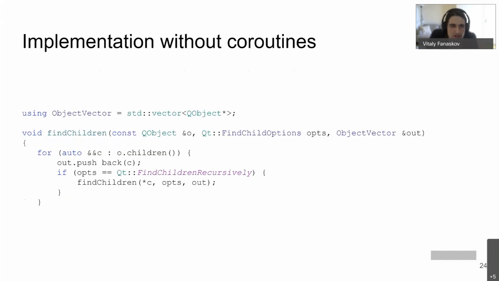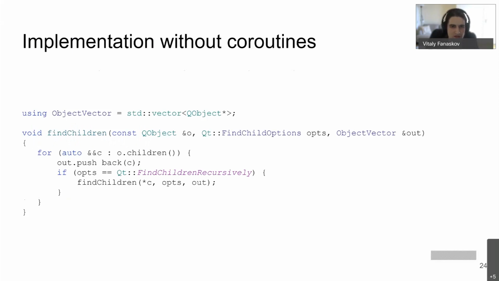And there is also a fallback I added, because not all compilers might support coroutines, and you might want to take advantage of this approach, for example the composable interface that will be described later, without using coroutines. The fallback is this implementation without coroutines.